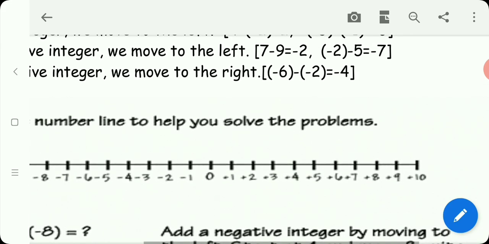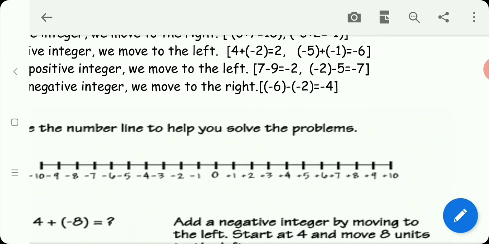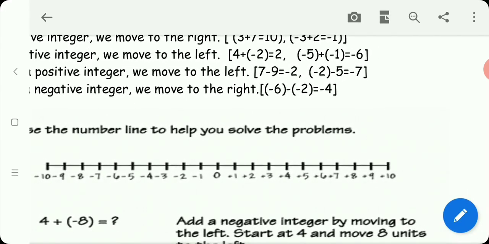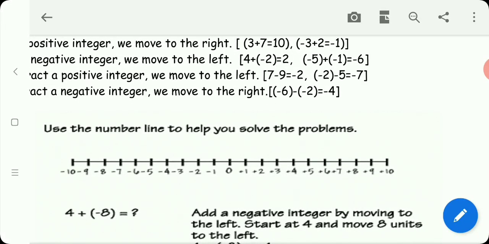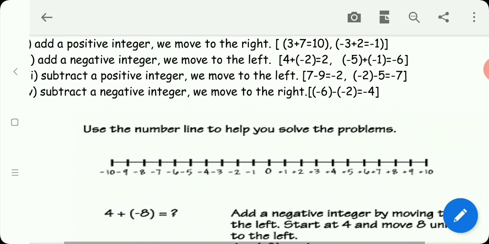As per the question, you have to subtract 9, so you move 9 steps left. After 7: 6, 5, 4, 3, 2, 1, 0, then minus 1, then minus 2. 9 steps left from 7 is minus 2. Similarly, you can do other examples.